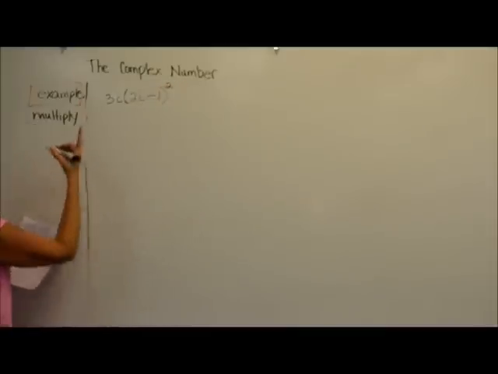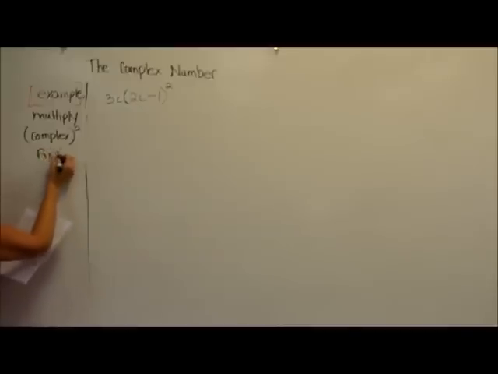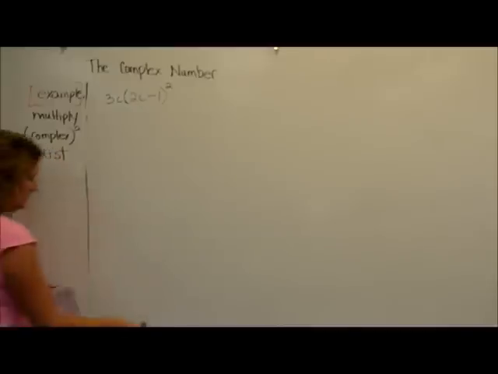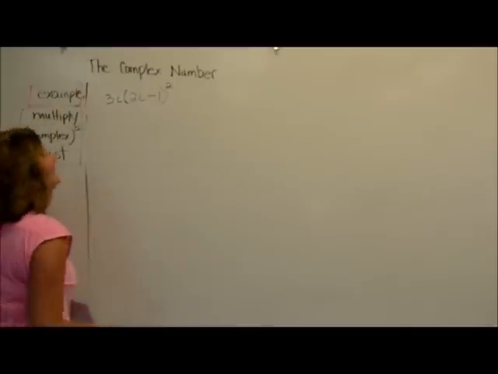Okay, so when you solve these, multiply that complex number squared, do that first. Okay, so that's going to be first. So here's one of our steps, and we do our steps in blue.